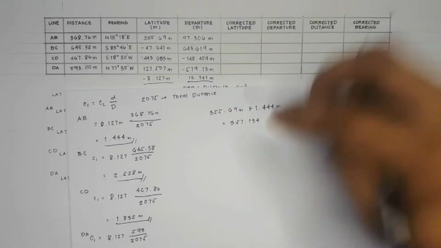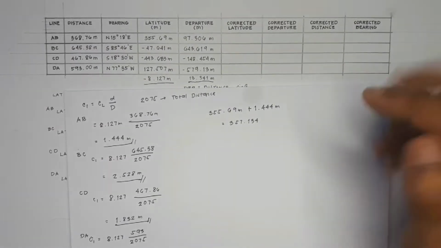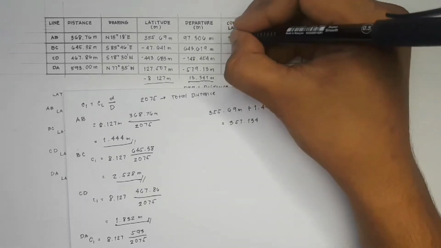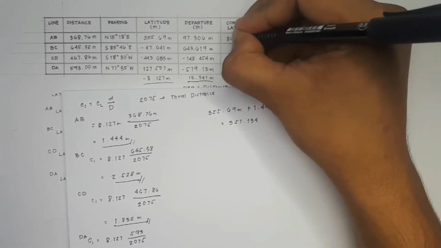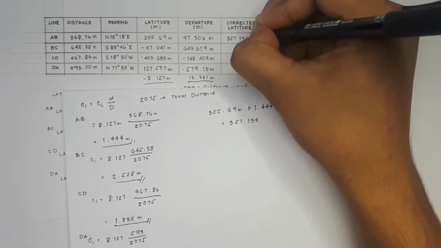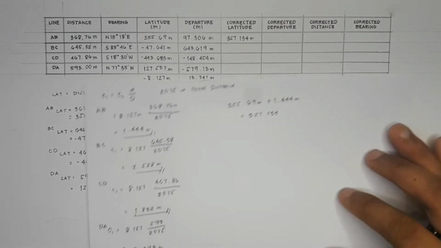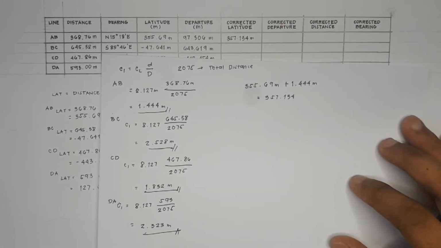So this will be our corrected latitude. Now, we will also compute the remaining ones following the same procedure.